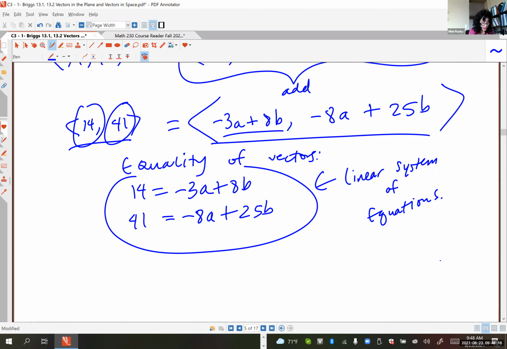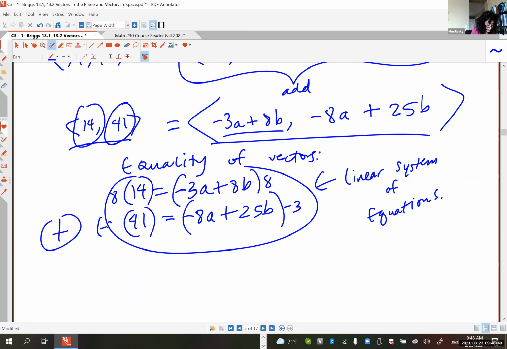I'm going to use the elimination method. So if you don't mind, I'm going to multiply the top equation, both sides, by 8. And I'm going to multiply the bottom equation by -3, both sides, because I want to add these 2 together.